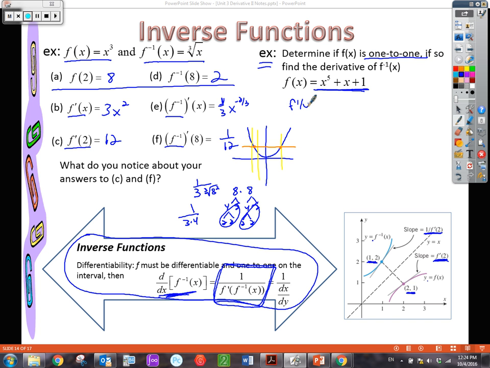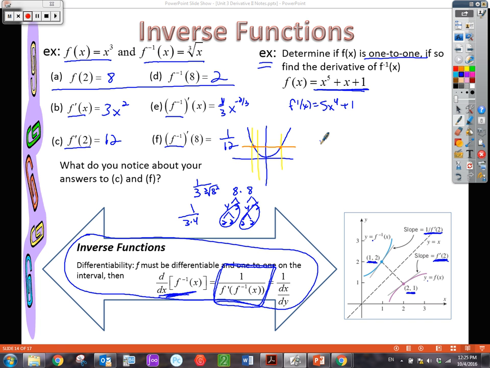So we would take the derivative, and then we would investigate the behavior of the derivative. Let's just look at what this one is. If we look at it, I think you can recognize that it doesn't matter what x value I put in here, this derivative is always going to be positive. Right?